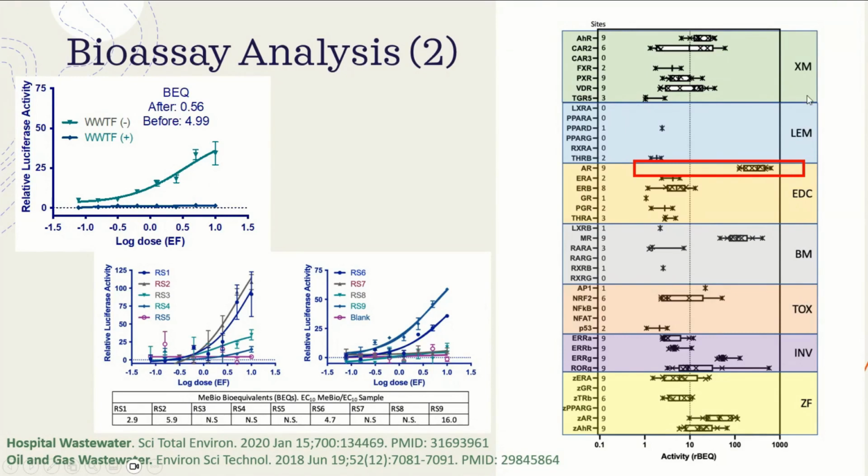And these are involved in things like endocrine disruption, xenobiotic metabolism, lipid metabolism, basal metabolism, toxicity, and then we have zebrafish assays as well. So we can look to see, are we getting activity in these samples for these important molecular initiating events? The chemical analysis predicted AR, and we did see an increase in activity of AR.